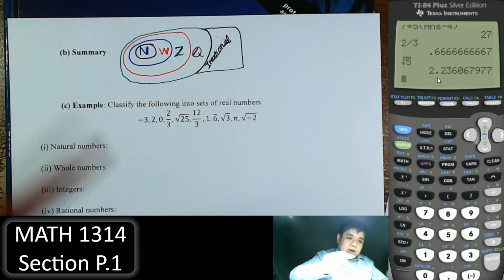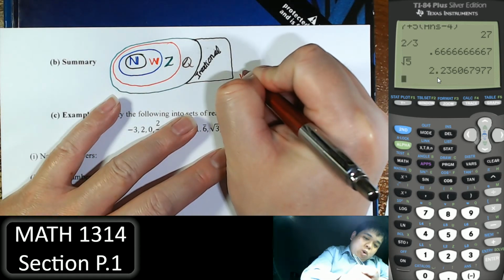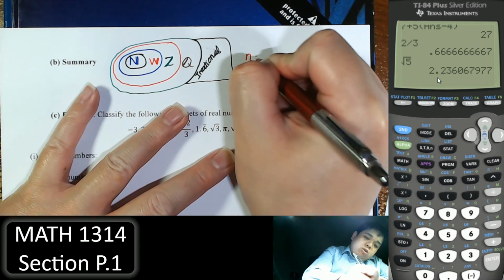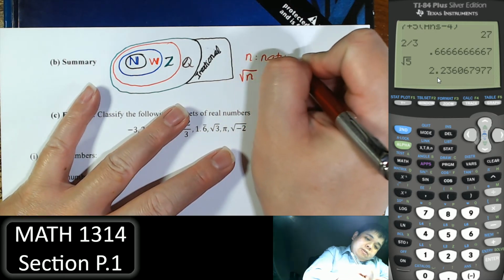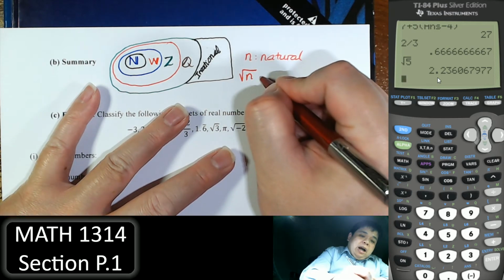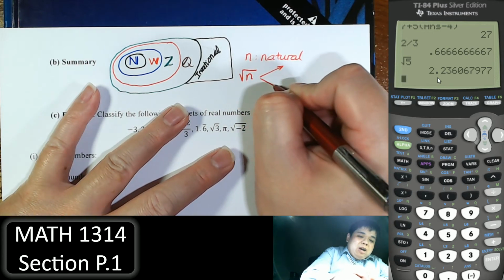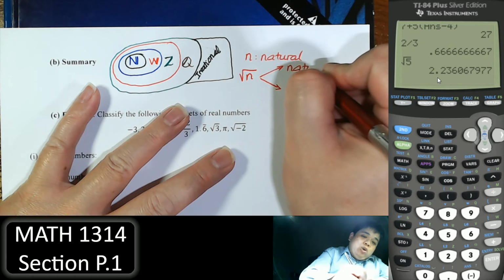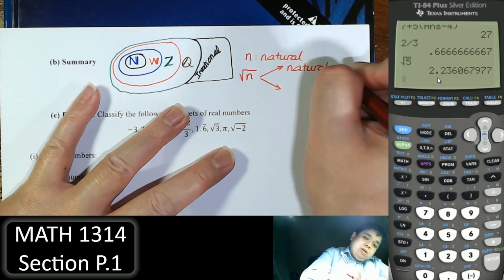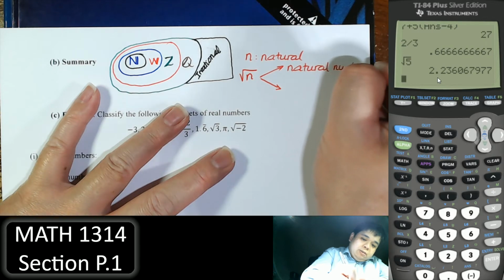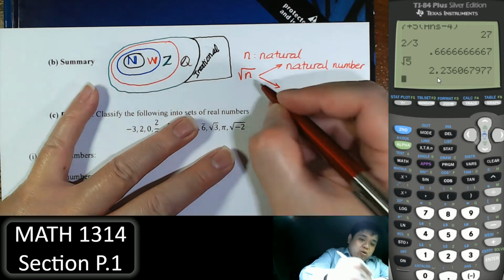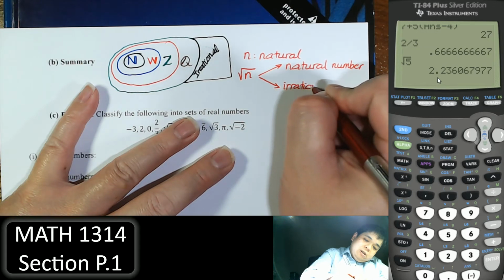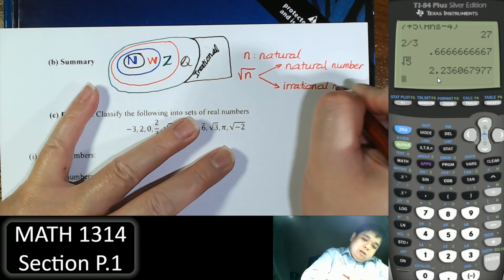If I put a note here: when we have the square root of a number n, where n is natural, the square root of a natural number is either a natural number, like the square root of 4 is 2, or if it is not a natural number, it will be an irrational number.